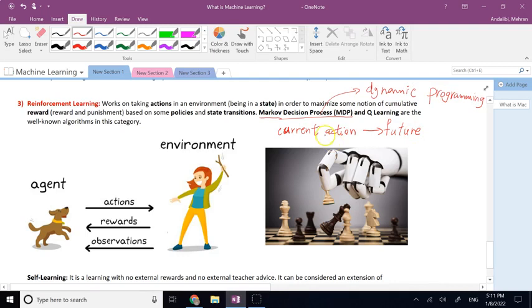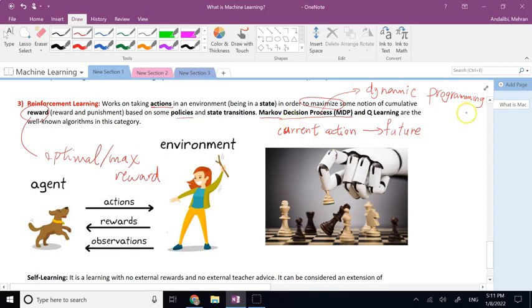If your process qualifies for such property, then I can tell you what actions to take, what policies to choose for state transition to come up with what? With some optimal reward, with some maximum reward, because the goal is to what? To maximize the reward.